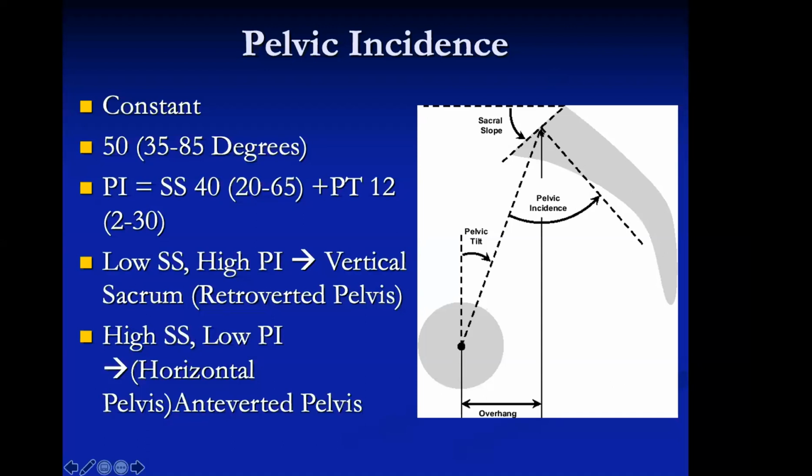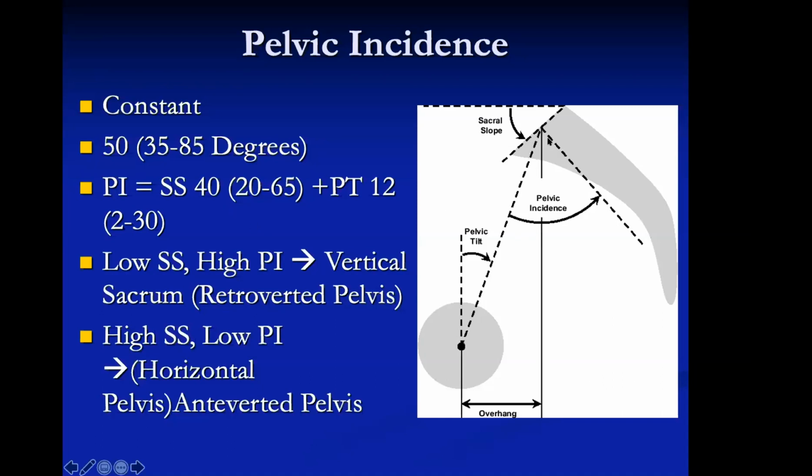This is the relation of the pelvis with regards to your femur. This is always a constant in a patient. It is usually about 50 degrees, with a range from 35 to 85 degrees.